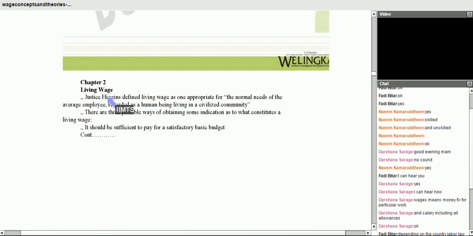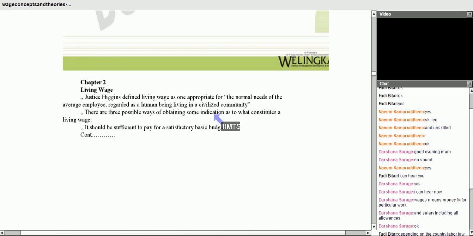Then living wages. Justice Higgins defined living wages as one appropriate for the normal needs of the average employee, regarded as a human being living in a civilized community. So there are three possible ways of obtaining some indication as to what constitutes a living wage.